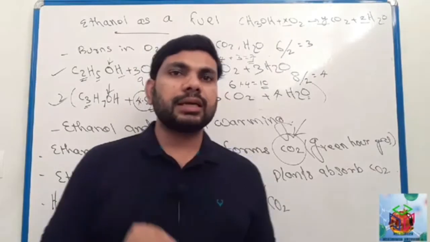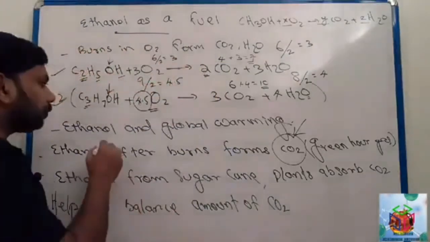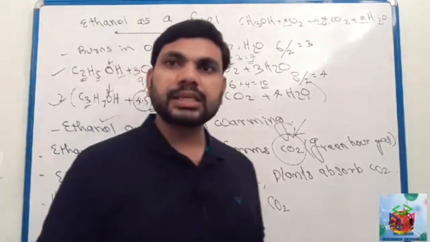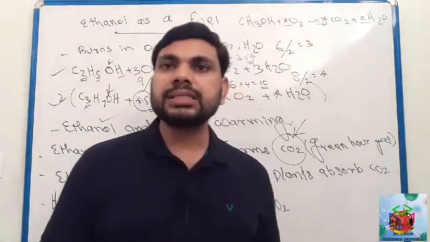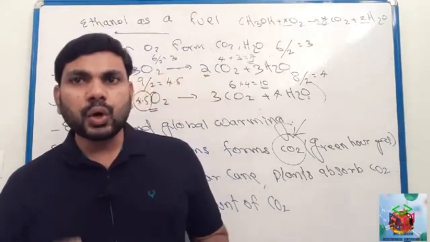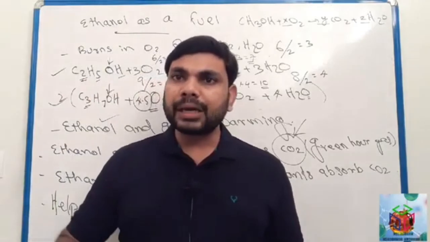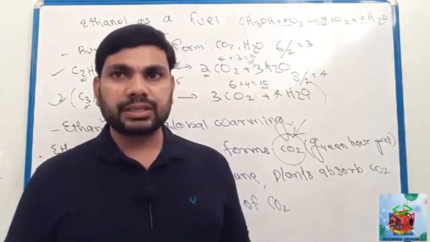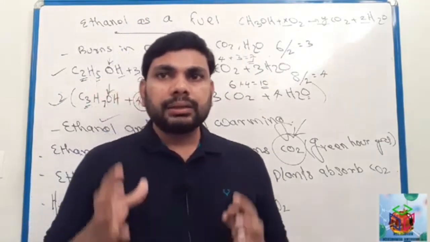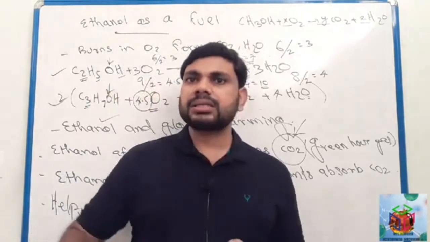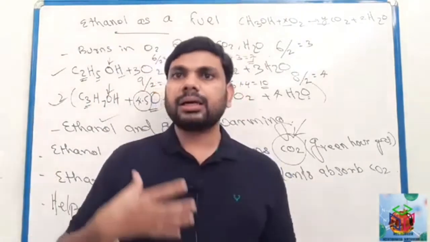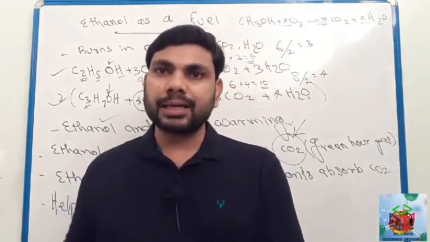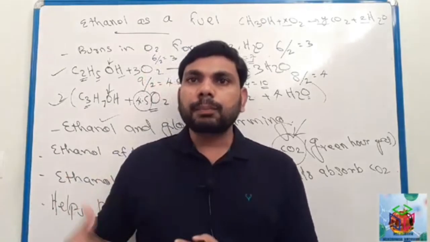I will repeat once again. Here we are discussing ethanol and global warming. Ethanol after burning produces carbon dioxide, a greenhouse gas, which causes the greenhouse effect. But compared to other fossil fuels, alcohol produces less greenhouse effect. Why? The major source of alcohol is plants. To make more alcohol we depend on plants and cultivate more plants.